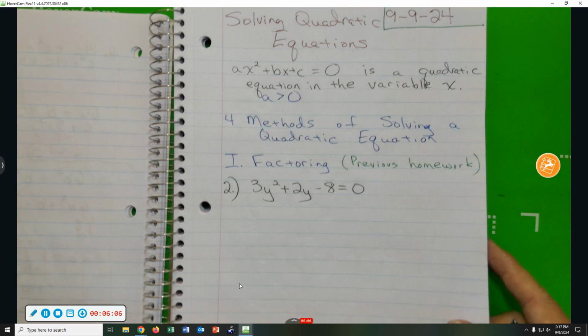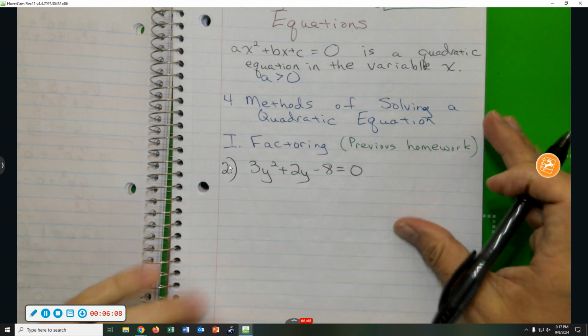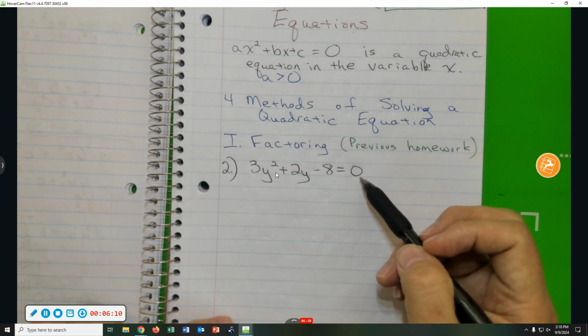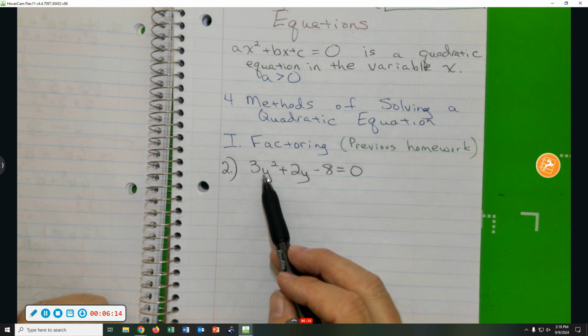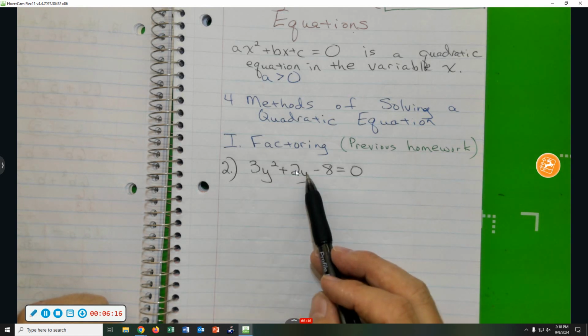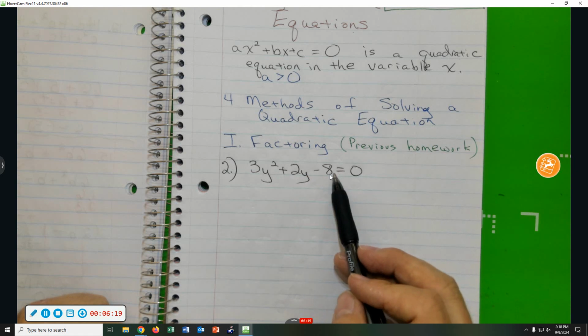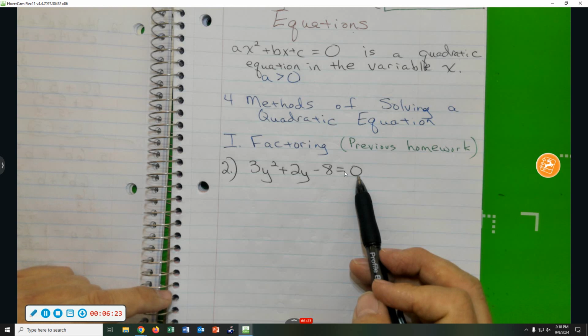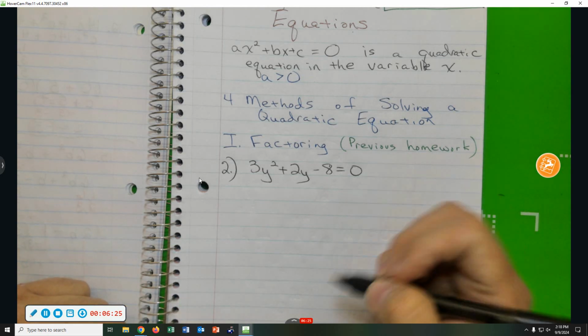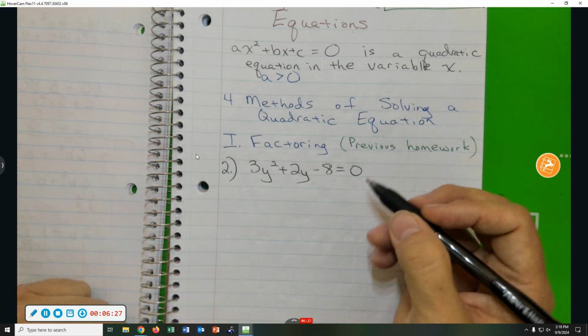We're going to solve by factoring. Remember, the last time we said to solve by factoring, we need the trinomial in standard form, descending order: squared variable, unsquared variable, no variable, and we need it equaling 0. Well, that's what we have here. So at least one side looks the way we want it, as that equals 0.